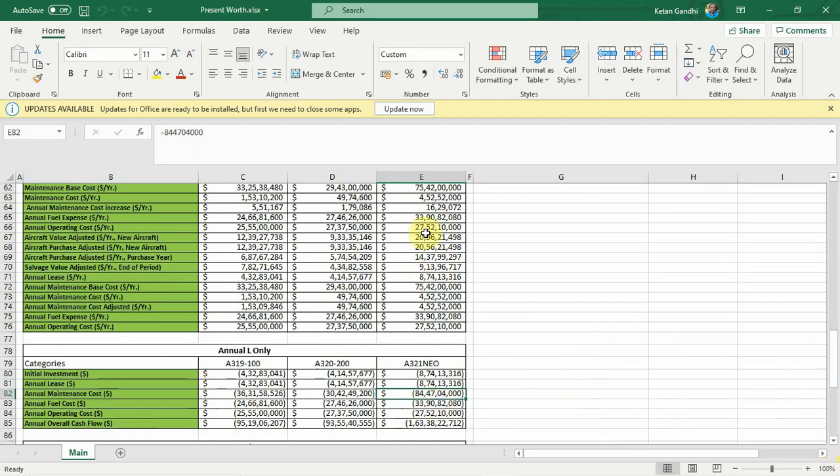The annual maintenance cost we are talking about is calculated via the formula of annual maintenance base cost, annual maintenance cost, and annual maintenance cost adjusted. So these three are taken into consideration to get this value.